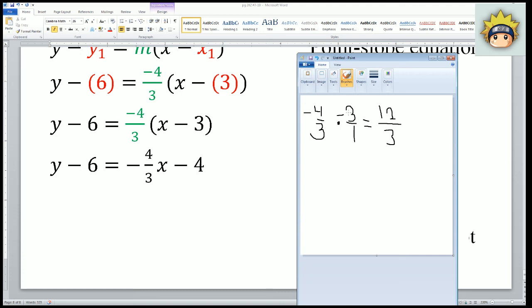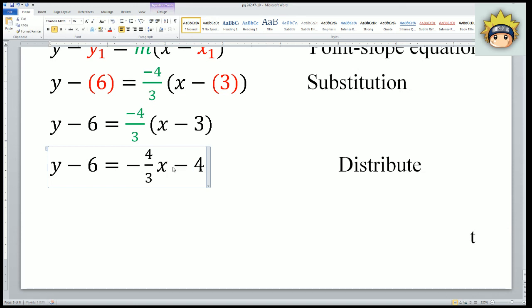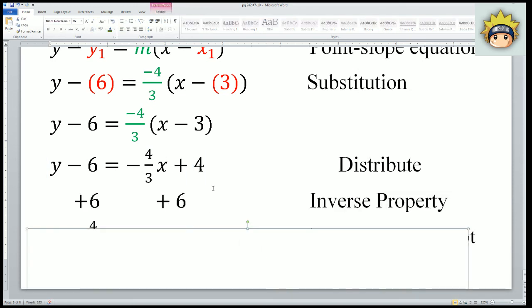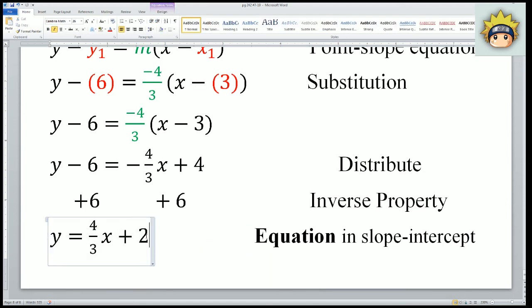A negative times a negative is a positive. What is 12 over 3? That is the same thing as 4 over 1, right? Positive 4 over 1. Add 6, add 6. So this should be a 10, right? 4 plus 6 is 10, okay?